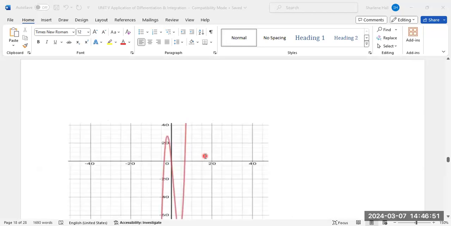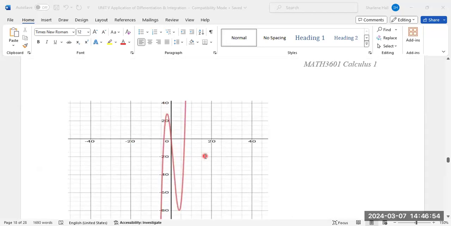That's what my graph looks like. My maximum point is up here. My minimum point is here. And I must pass through 0, 0. Why, sir?